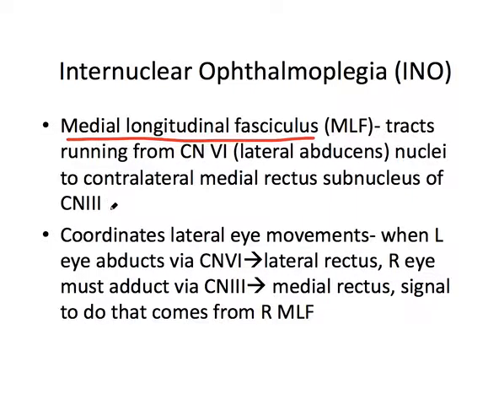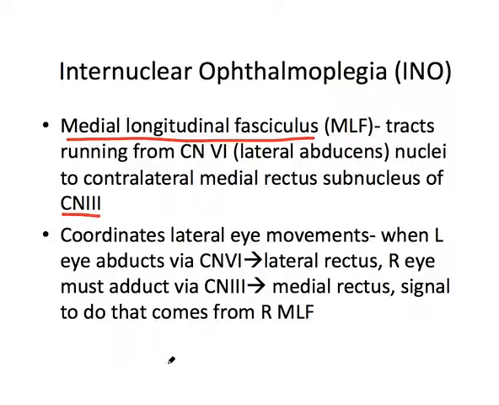So these medial longitudinal fasciculi are tracts that run from the cranial nerve 6 nuclei, or the lateral abducens nerve nuclei, to the contralateral medial rectus subnucleus of cranial nerve 3, which is the oculomotor nerve. So these are tracts that run from CN6 nuclei to CN3 nuclei, and the purpose is to coordinate lateral eye movements.